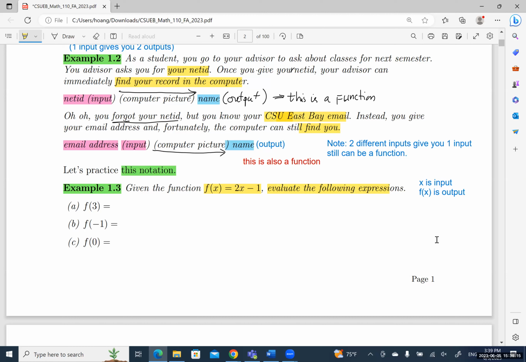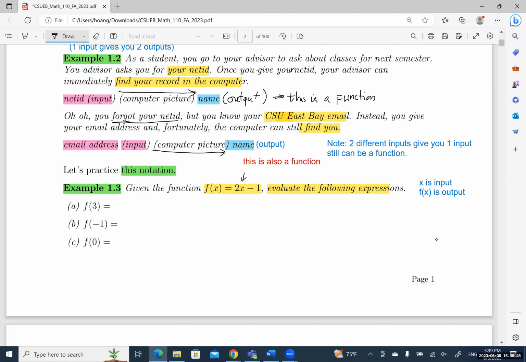Keep in mind that in mathematics, we mostly consider x as an input and f of x is the output. So in here, as you see, x in this function stays next to the number 2, like multiply by 2 and then subtract 1, right?